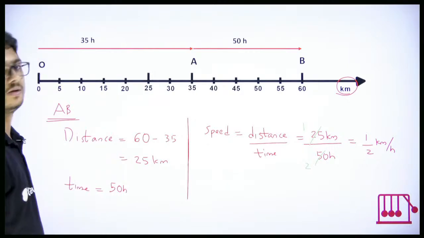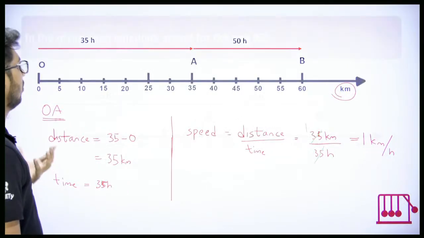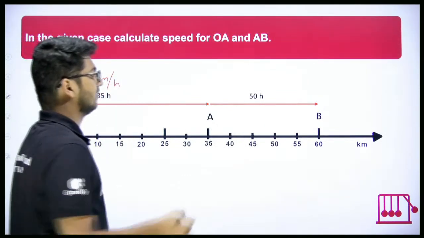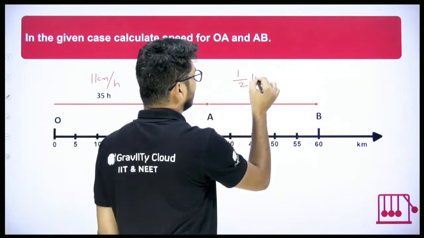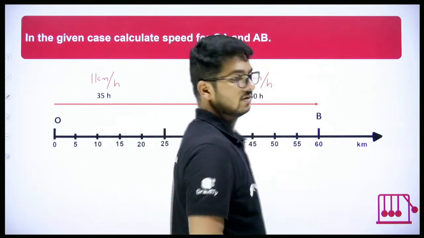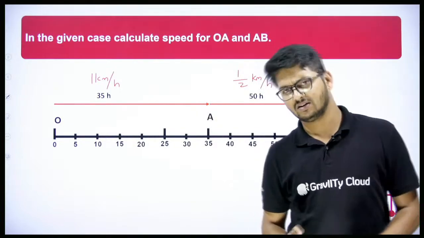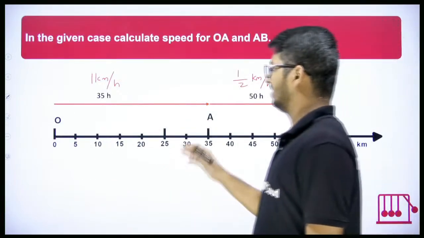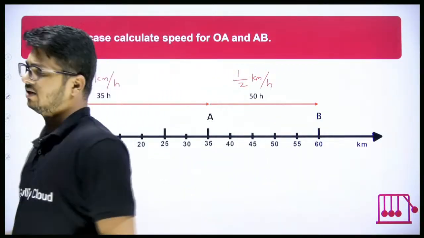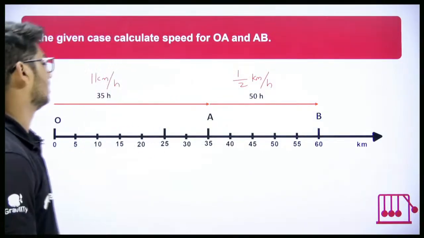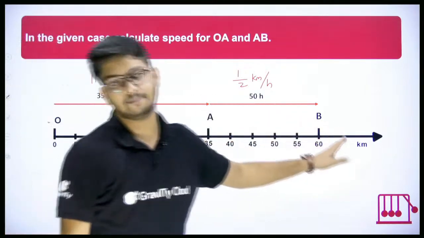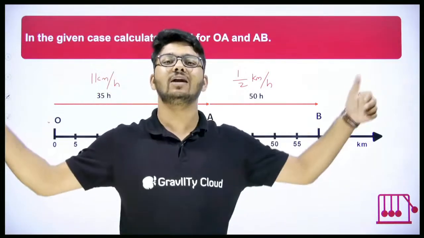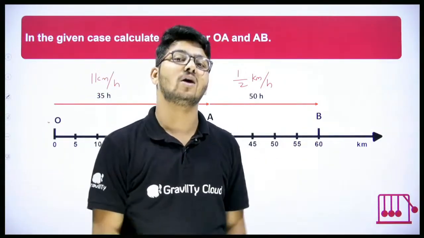Understood? Good. So for OA we got the speed as 1 kilometer per hour, and for AB we got the speed as half kilometer per hour. Clear? No issues there? That's good. Now if I ask a question from O to B, that is for the complete motion, what is the speed?